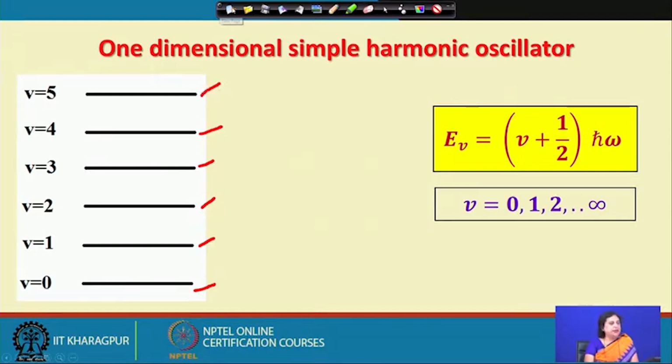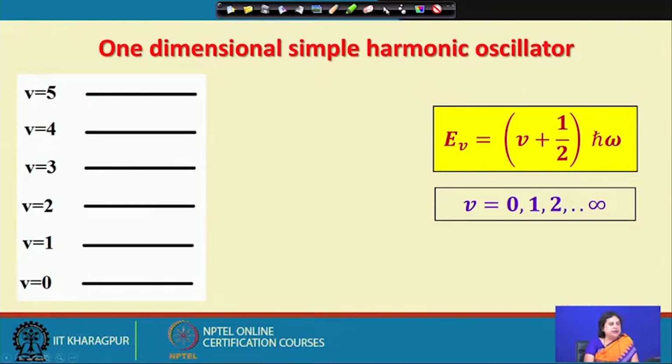The interesting thing to note here is that the difference in energy values between any two pair of energy states is the same, independent of whether you are looking at the energy difference between V equal to 0 and V equal to 1 states, or V equal to 3 and V equal to 2 states. It does not matter, all these energy gaps are the same.